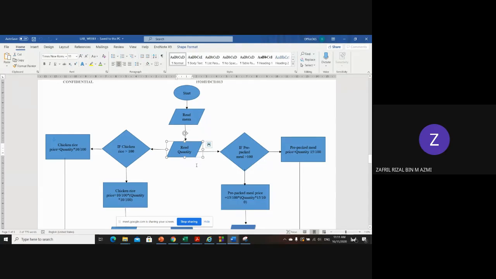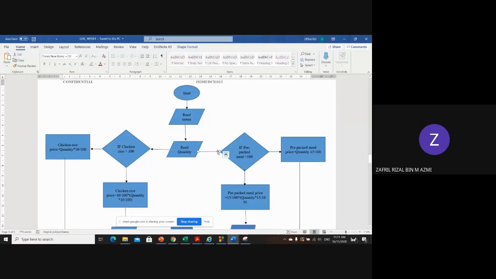The only symbol that allow you to write down two out arrow is this symbol. Okay, input, you can only input, output, start, and everything else is only allow you to give one out arrow.